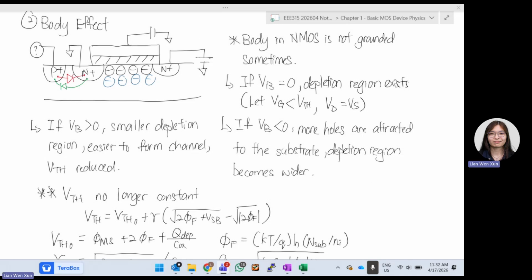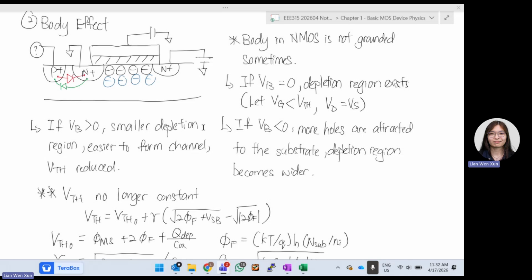So ideally, what do we want? We will want our body connected to ground.